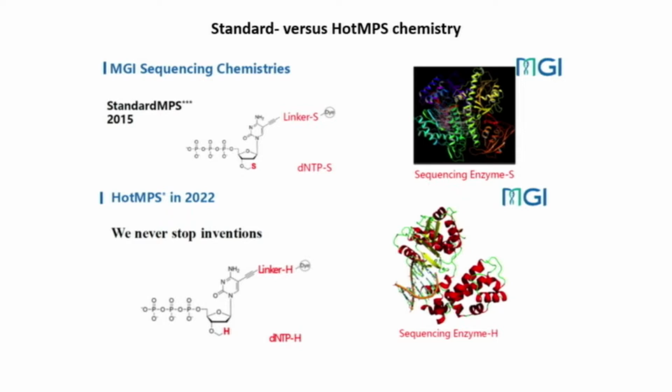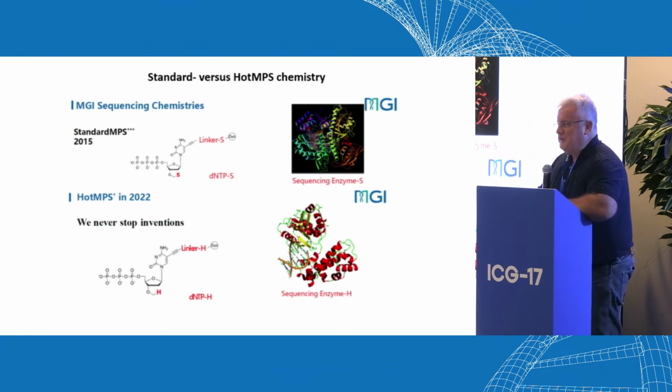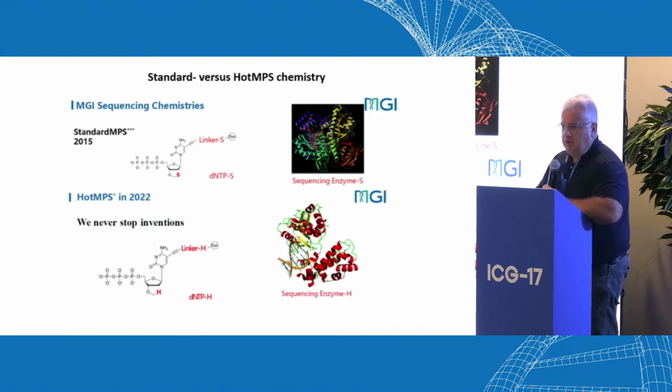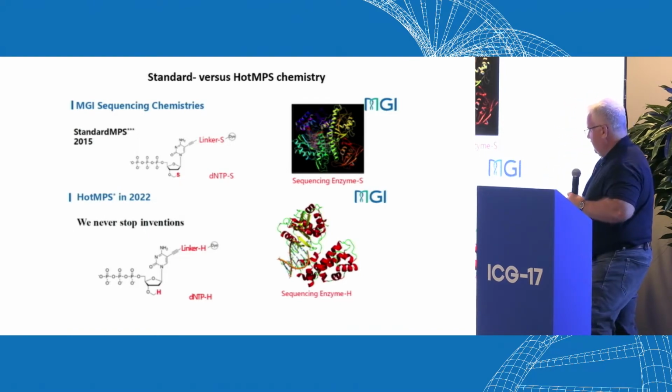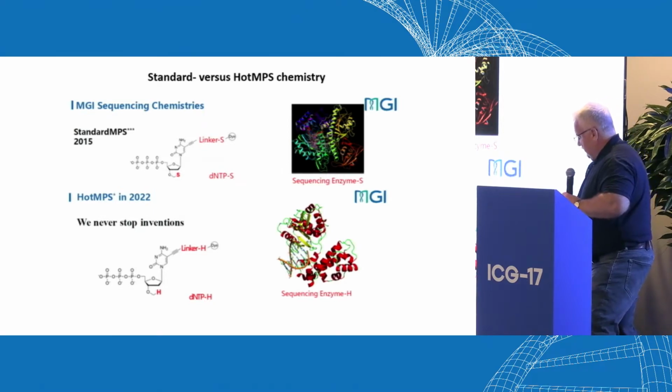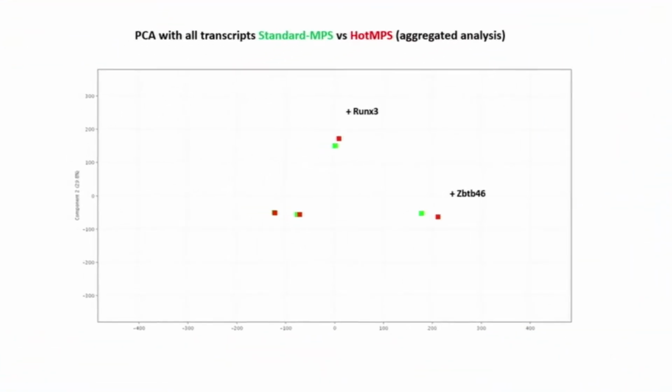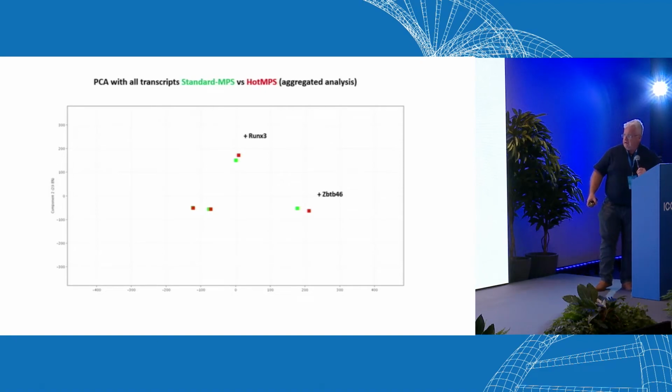I cannot tell the exact chemical composition, but we had to update the DNBSEQ machine, and we resequenced the same RNA samples using this hot MPS, and we tried to compare the global gene expression pattern using principal component analysis. So once again, in case of the Runx3 or ZBTB46 induction, the pattern is distinct, but the hot MPS versus the standard MPS results are quite similar.